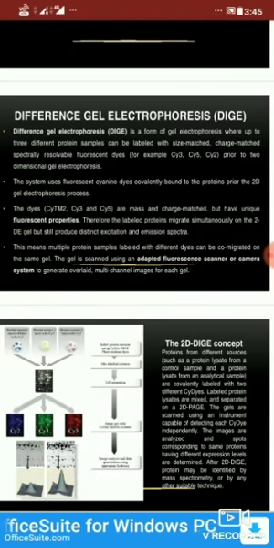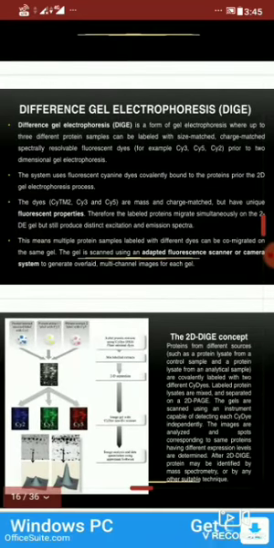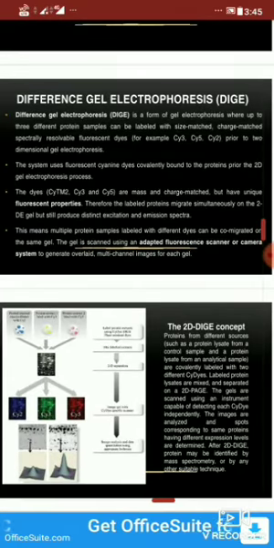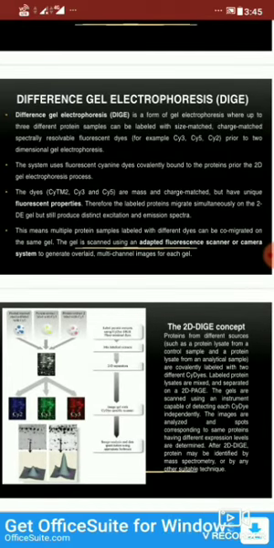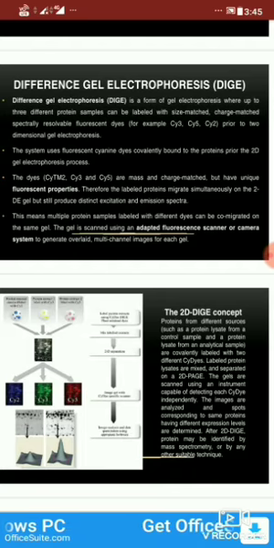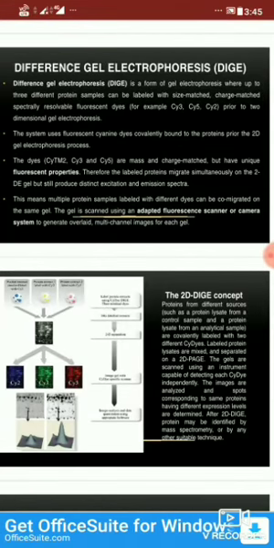That means the Cy3, Cy5 and Cy2, these 3, are of the same size and carry the same charge. Hence, when you resolve them on the gel, they will be present at the same spot. But the specialty of these 3 dyes is, each of them gives a different color fluorescence. Hence, even though they will be present at the same spot, each one will give a characteristic fluorescent color.